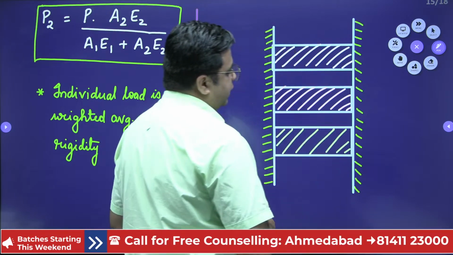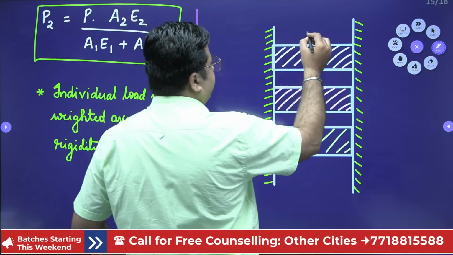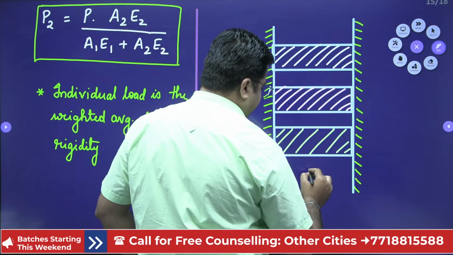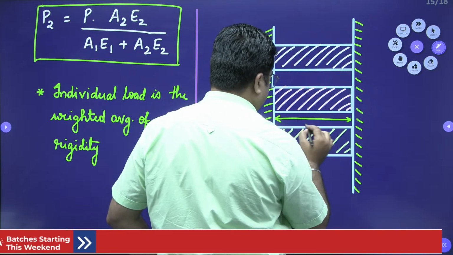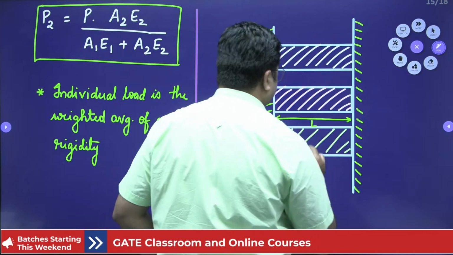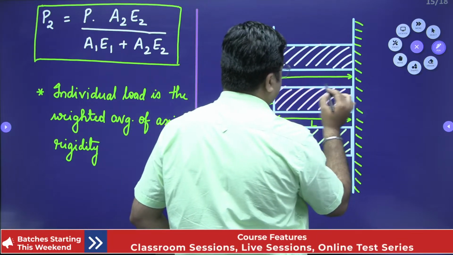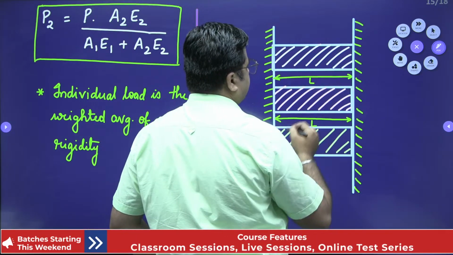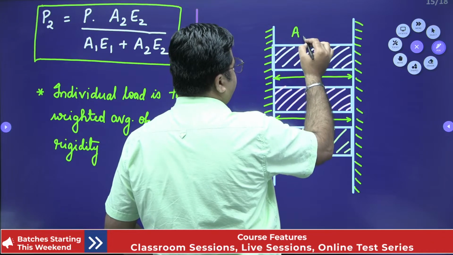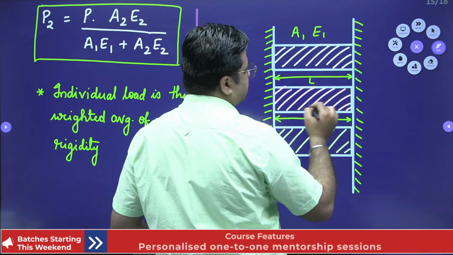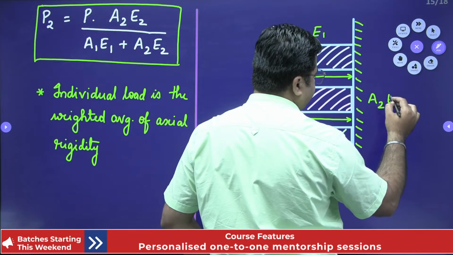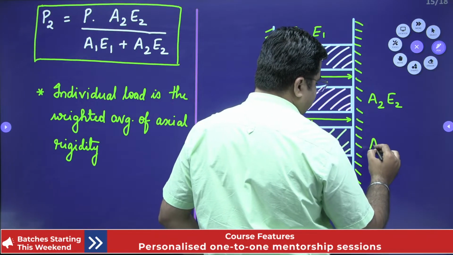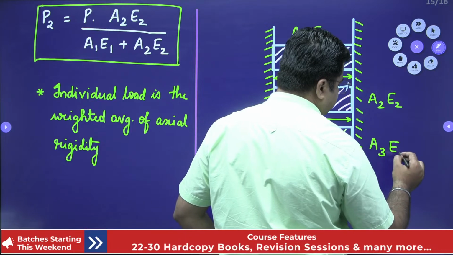Right? So three members are given to us. Length of all the three members is L. For first member, area is A1 and Young's modulus is E1. For second member, area is A2, Young's modulus is E2. For third member, area is A3 and Young's modulus is E3.